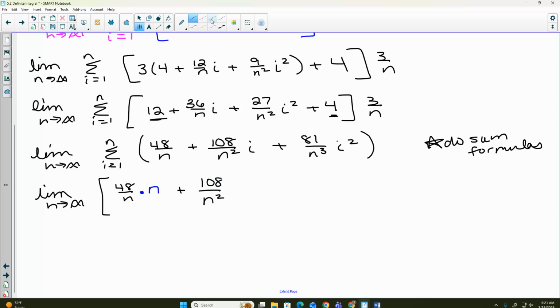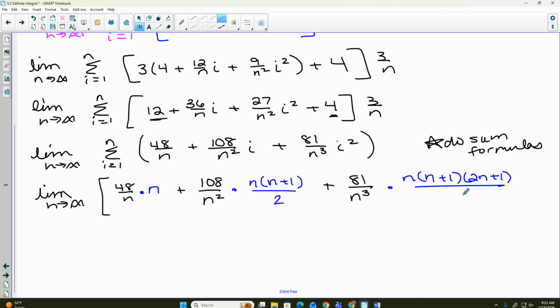108 over n squared times the i formula, which is n times n plus 1 over 2. And 81 over n cubed times the i squared formula, which is n plus 1 times 2n plus 1 over 6.